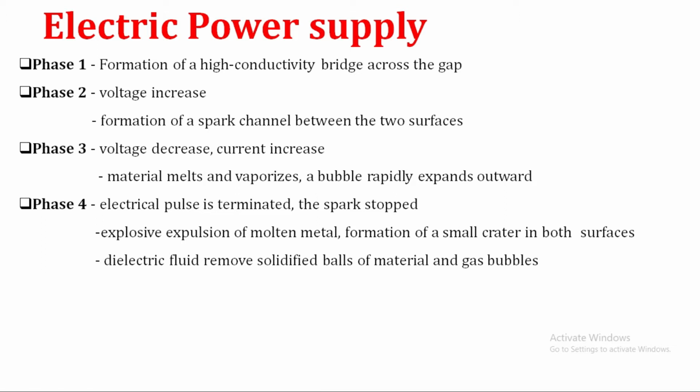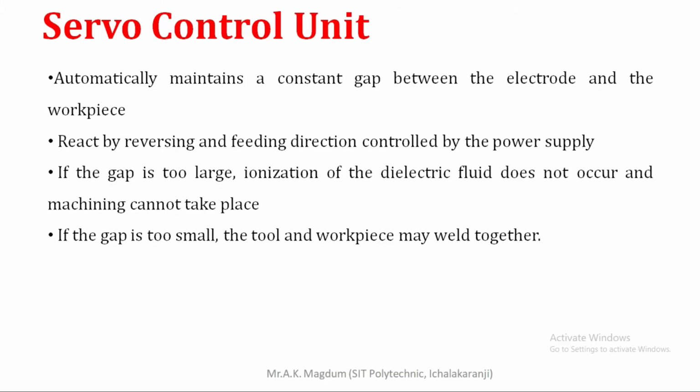So in this way, there is the electric power supply which is given to this EDM process. Next, servo control unit. In this case, it automatically maintains a constant gap between the electrode and the workpiece. That is a very important thing of this machining process of EDM, because if you properly maintain the gap between the electrode and the workpiece, then and only then will the proper spark take place at that particular region.